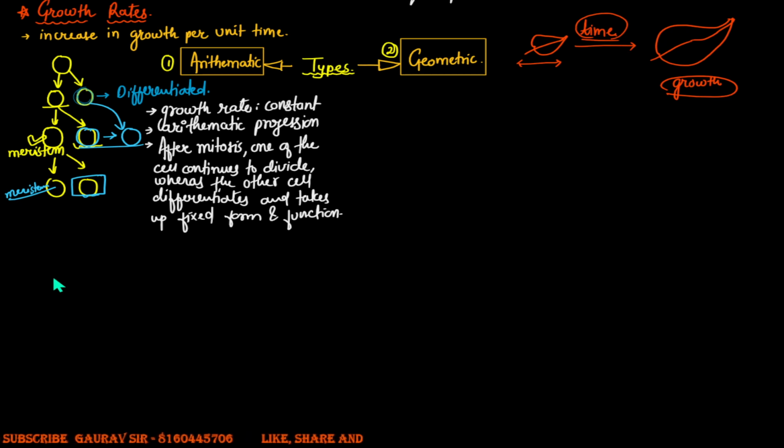So this kind of growth, that is arithmetic growth, is generally seen in the root.